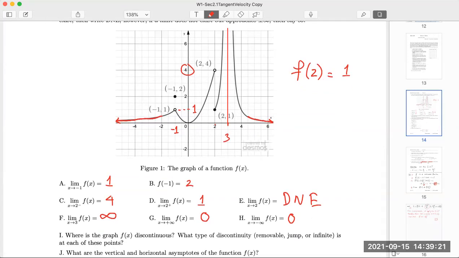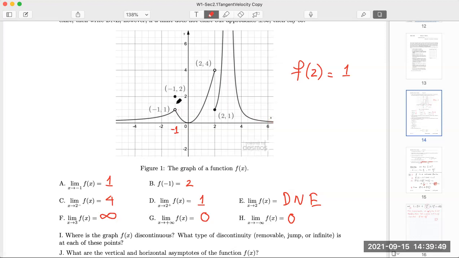Then the next question, where is the graph of f of x discontinuous? Where is it? This point, this is a removable discontinuity, right? Let me just erase the previous things so that it won't confuse you.